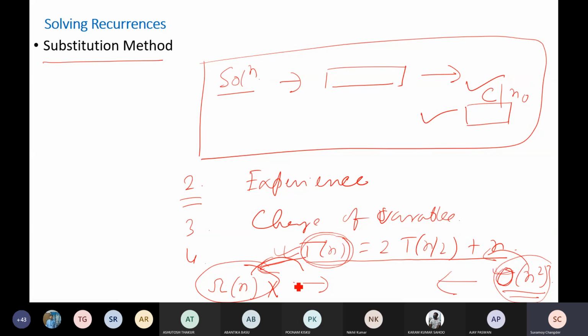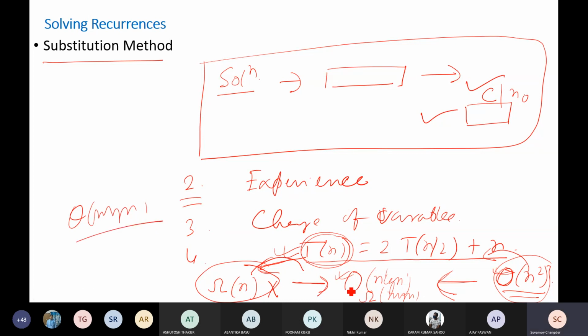If yes, then you increase the lower bound and decrease the upper bound. So in between you will find that it is n log n, and you check for this value. Also you can check for omega of n log n. You may find that both are correct, then it will be theta of n log n.